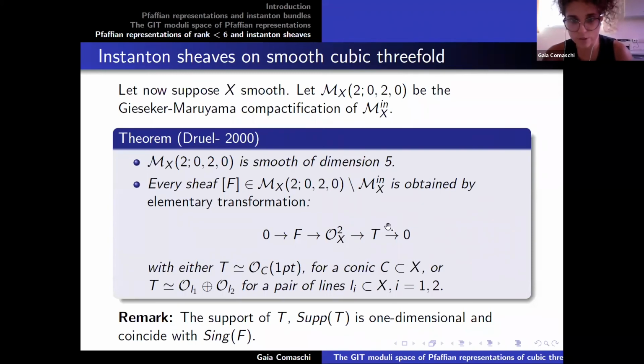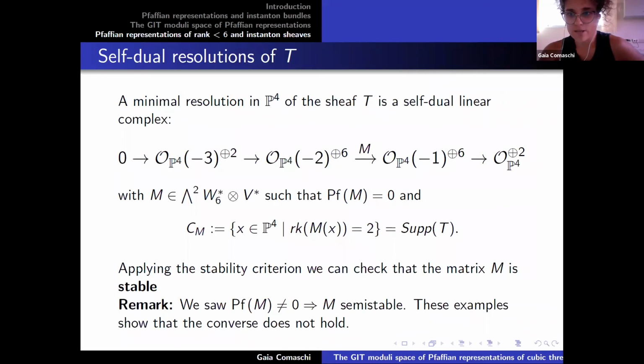And if we now pay attention to the sheaf T, we can observe that it is incredibly well behaved. If we do exactly as we have done for Hurwicz sheaves, and we take its resolution in P4, we can see that we still get a self-dual complex, a self-dual linear complex.